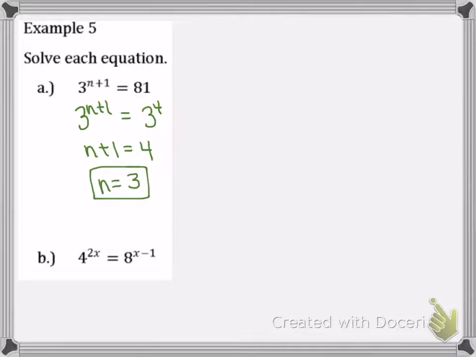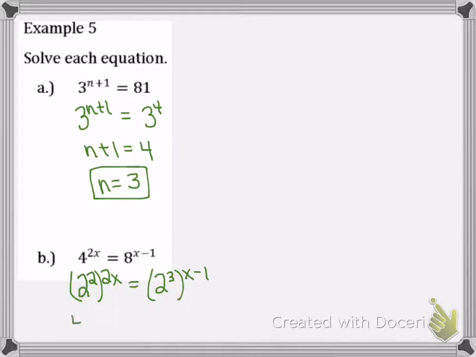Now in part B, it's a little bit more difficult, because I have 4 to the 2x equals 8 to the x minus 1. So in both of them, I'm going to have to change the bases. Because 4 can be rewritten as 2 squared to the 2x. And 8 is the same thing as 2 cubed to the x minus 1.